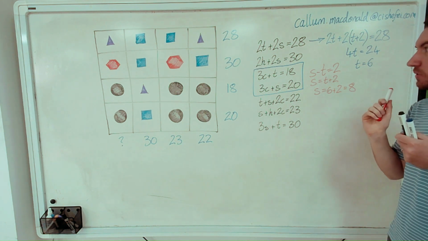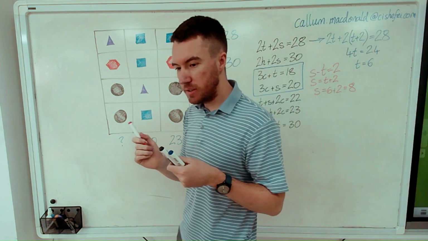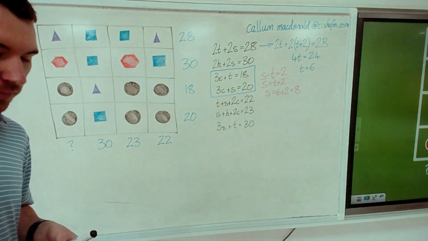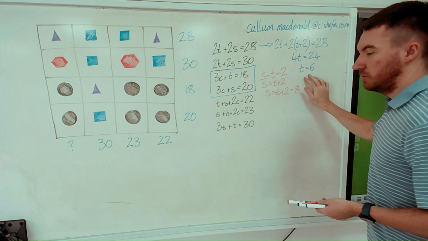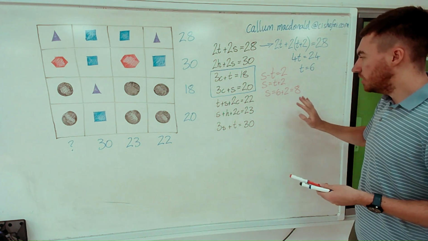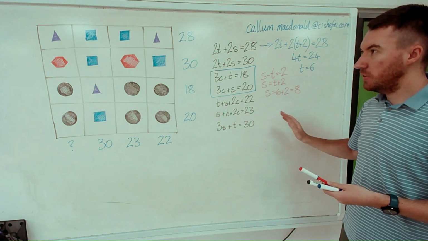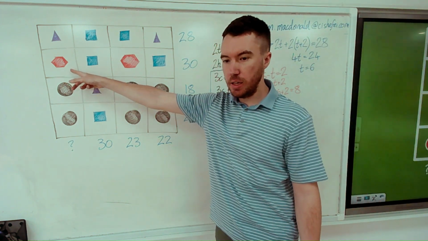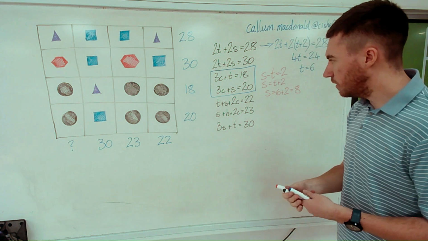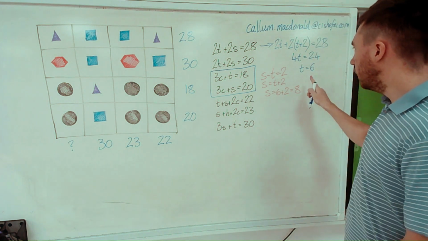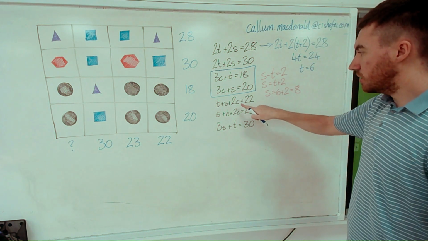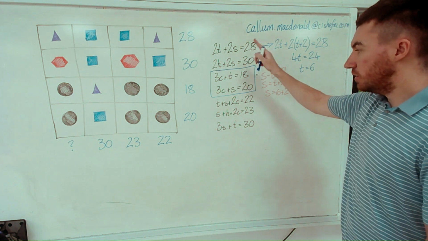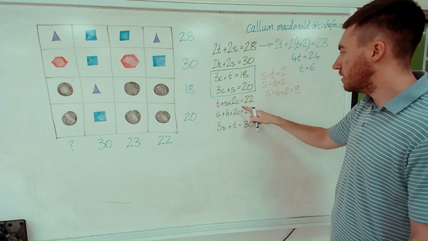Okay, so I know what is T, it's 6, I know what is S, it's 8, and I will then try to solve, what else do I need? I need H and I need C. Okay, so I can work through this. I have T and I have S, so I can solve this, and I can solve this, and I can solve any other one I want to, but I'm going to choose these two.